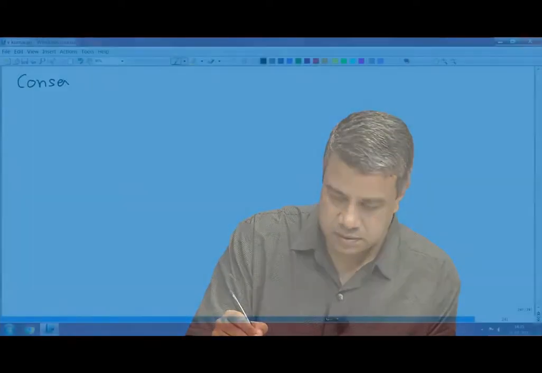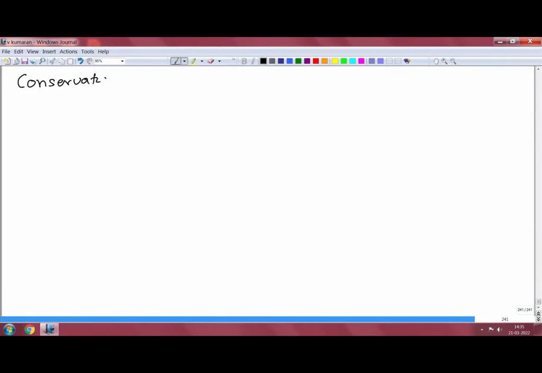So, in the last lecture we were deriving conservation equations for mass and energy conservation. Okay. So, conservation equations in a Cartesian coordinate system.